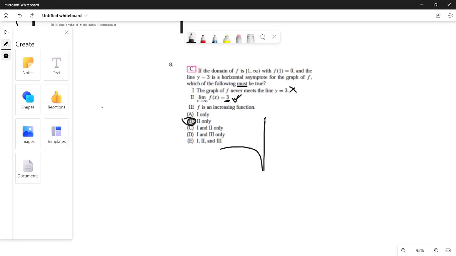Because... wait, don't erase the common example. Oh, never mind. I see. Scratch that. Wait, does increasing mean going upwards or going left? Increasing means that it increases over time. Like, these are both increasing functions.